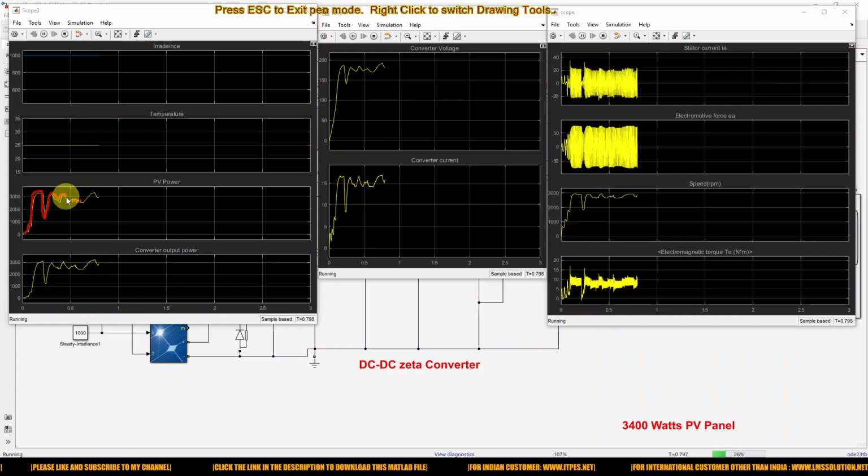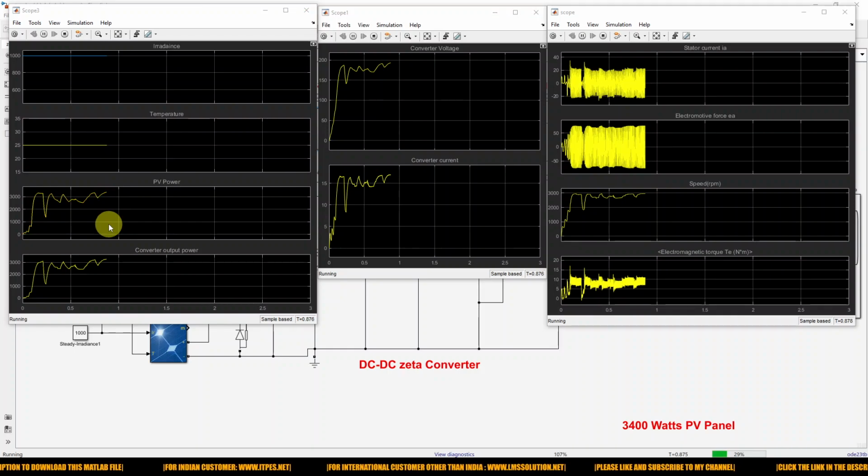This is because of the random duty cycle at the initial iteration. After a couple of main iterations, it tries to reach the maximum point with the optimal duty cycle. So this is the working of the PSO MPPT.